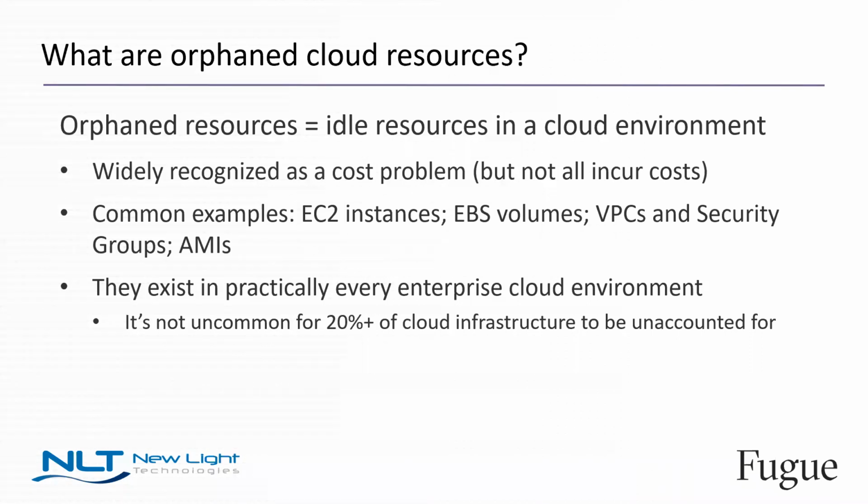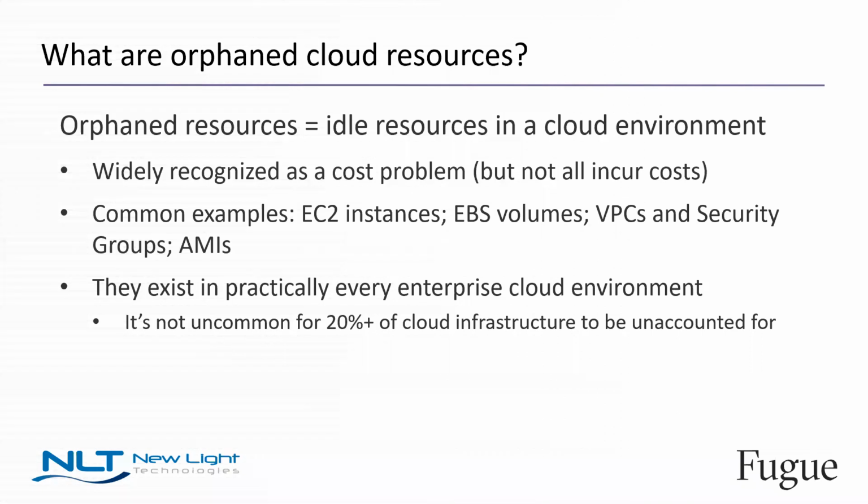So common examples: EC2 instances, EBS volumes, VPCs and security groups, AMIs, also S3 buckets. One of the things we do at Fugue, and you'll see a little bit of this later, is visualize whole cloud environments. Almost every new customer, during onboarding, when they do this automated visualization, will find something.